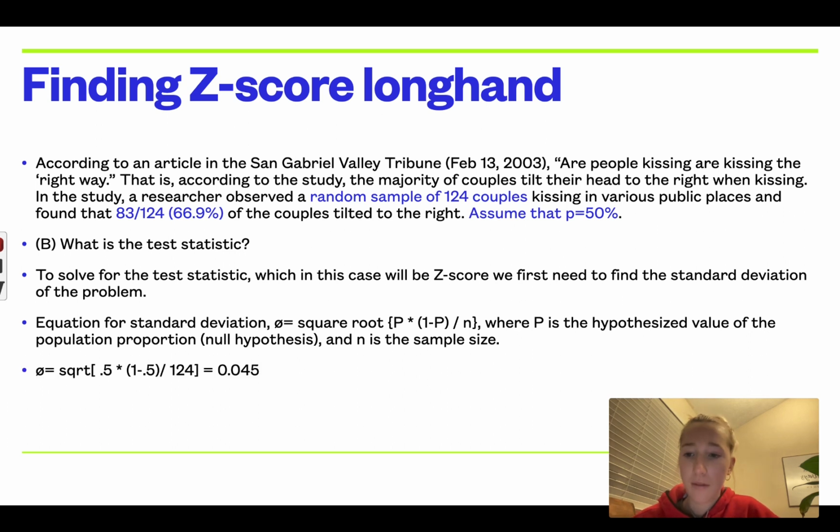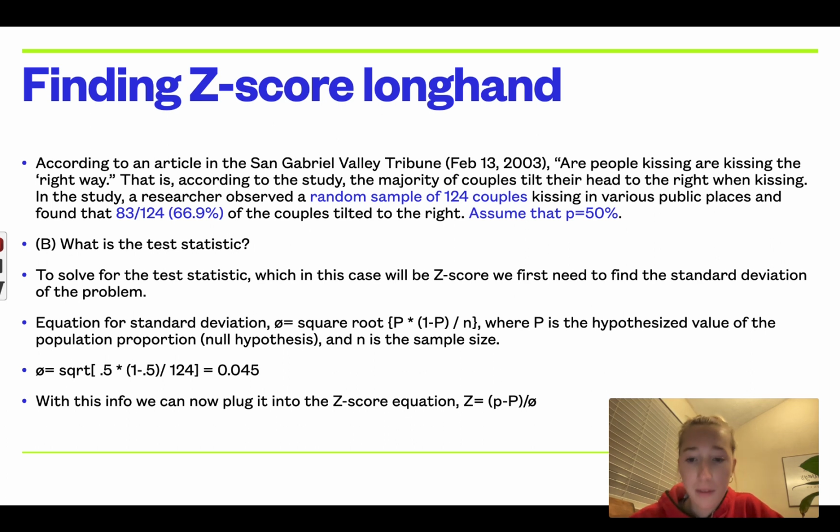So plugging that information in, we're going to have 50%, which was our null hypothesis, times 1 minus 50%, which is going to be our Q value, over 124, which is our sample size. And we're going to get somewhere around 0.045 is what I got, but depending on how you round, you can get different answers.